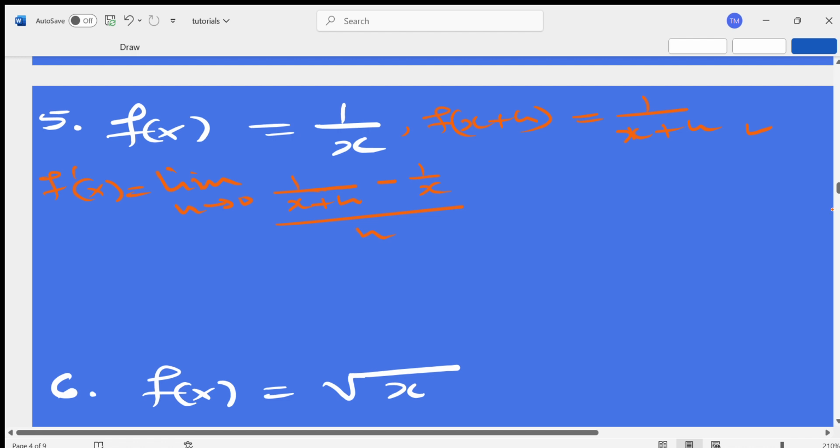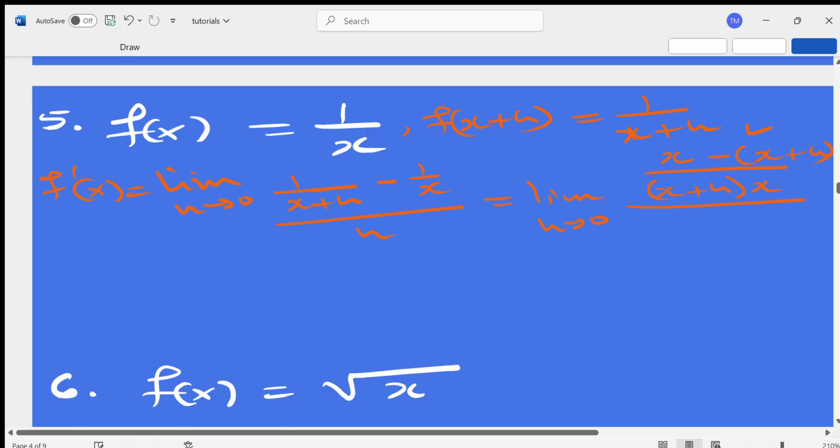For us to be able to solve this, we need to simplify the above by first making it a single fraction. First we find its lowest common multiple. It doesn't have one, so we simply multiply them, or we can say it is their product. Then x plus h into that is x times 1, which is x, and then minus x into the beneath is x plus h times 1, which is x plus h.